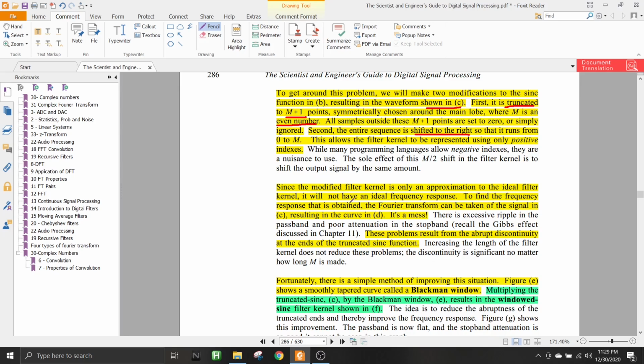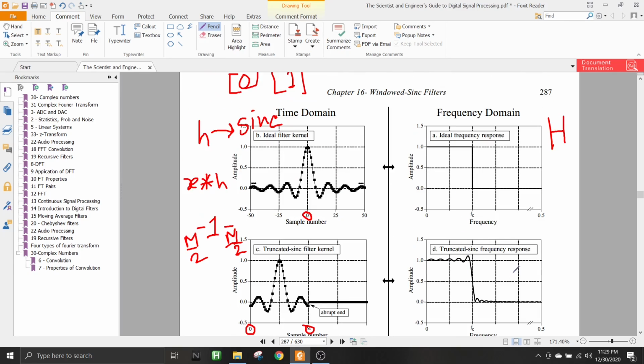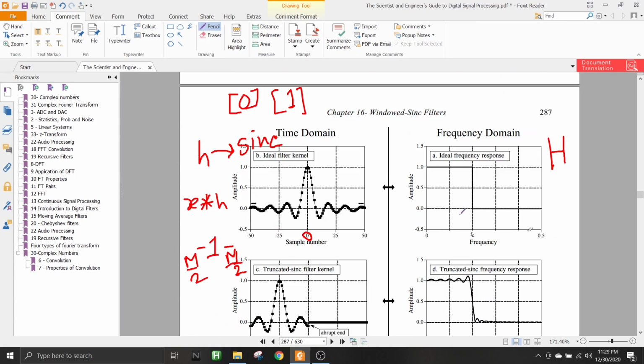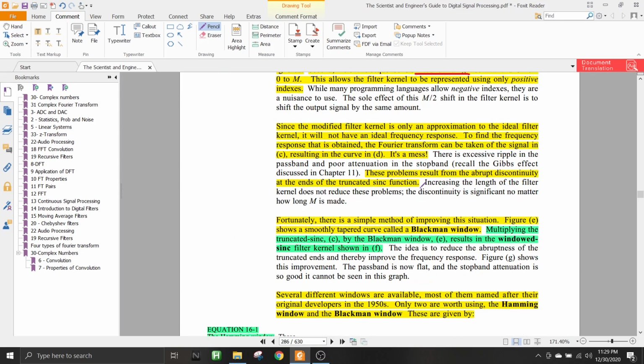To find the frequency response that is obtained, the Fourier transform can be taken on the signal. That means on this approximation version, we can take the DFT, and then we'll get this. Then we'll see that this is completely different from the previous one. Lots of things have become bad here. So it is a mess.